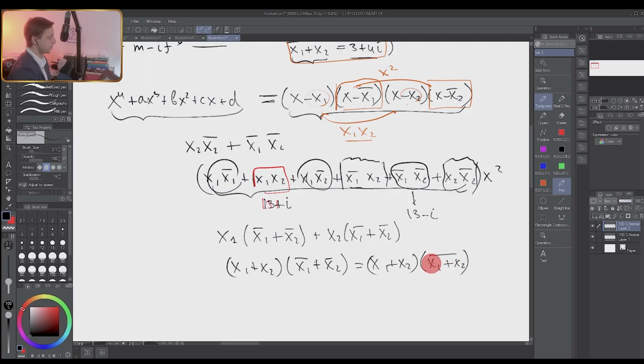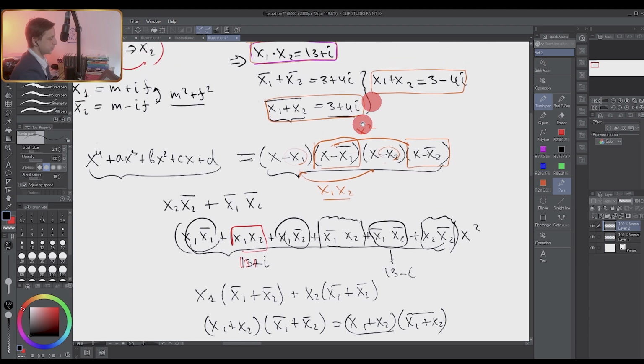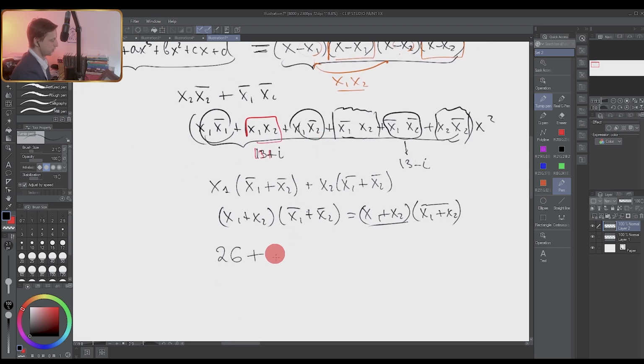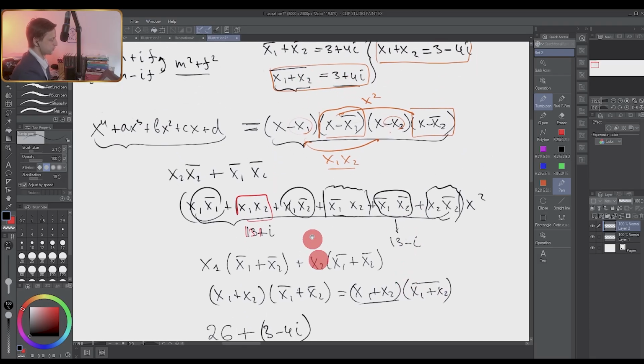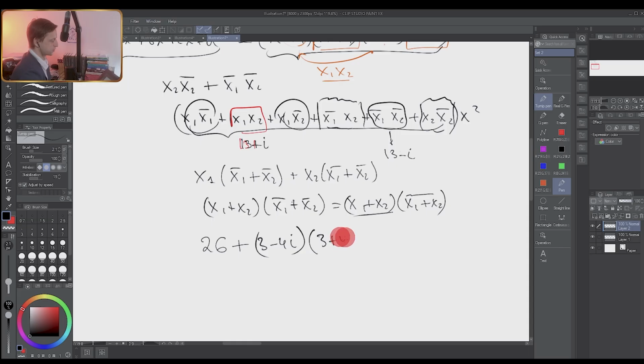Okay, so in total, what is the total coefficient near x squared? We must not forget that we also add two of these. The sum of these two is 26 plus a product that looks like this. This sum x1 plus x2, we already know that it is 3 minus 4i, and this x1 plus x2 conjugate is 3 plus 4i.